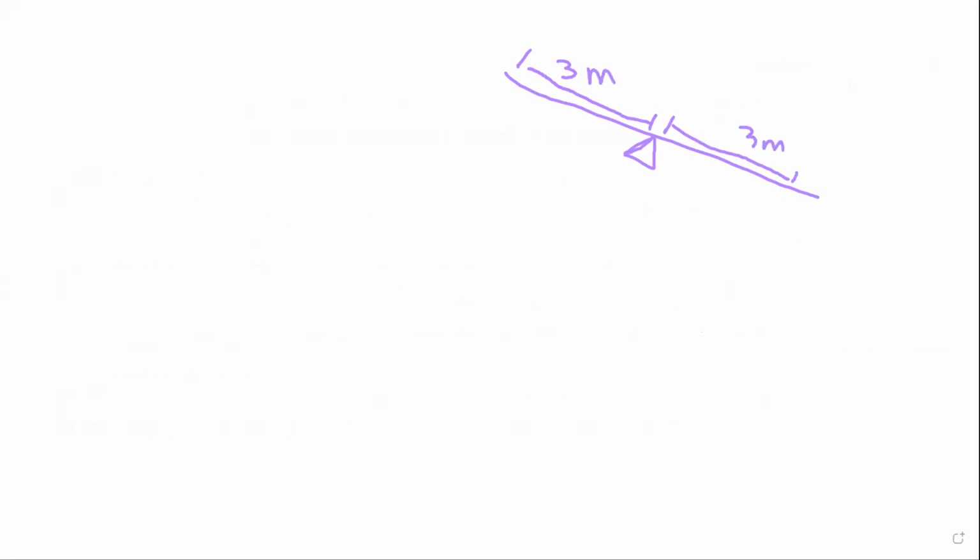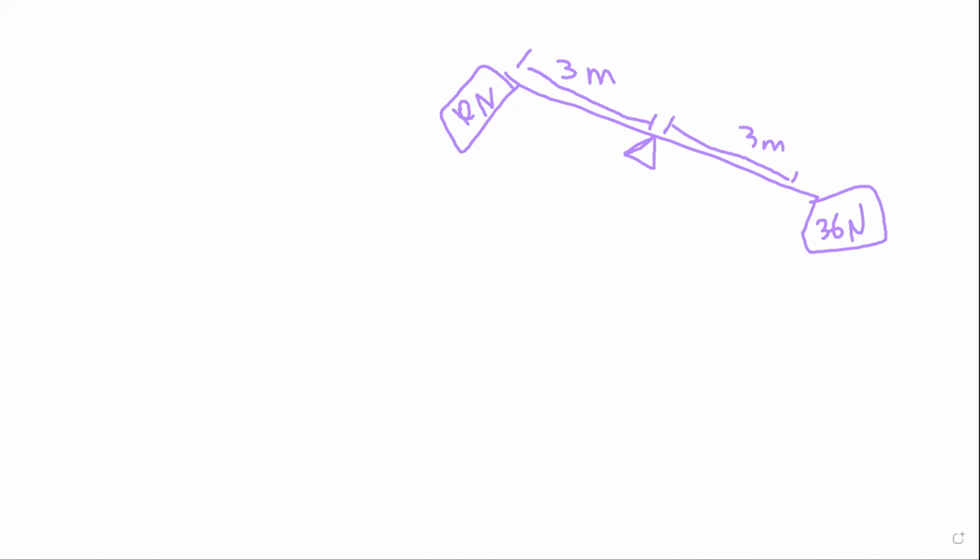The first one's weight is 36 Newton, and the second one's weight is 12 Newton. I know that no one weighs 36 Newton, but this is an example. Now, as you see, they are unbalanced.